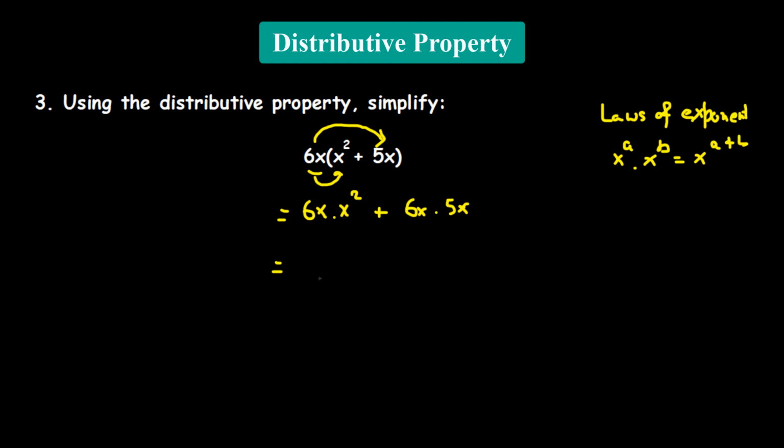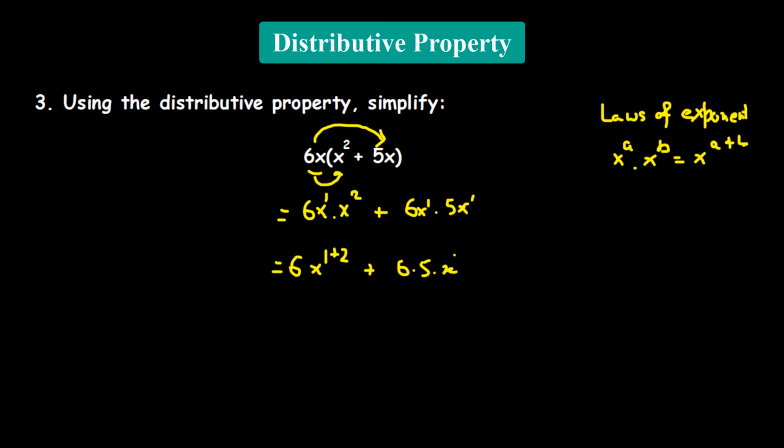So here we have 6 times x. So a here is equal to 1 and b is equal to 2. So the equivalent expression will be x raised to the power of 1 plus 2, plus 6 multiplied to 5 times x raised to the power of, so the exponent of each of x and 6x and 5x is 1.